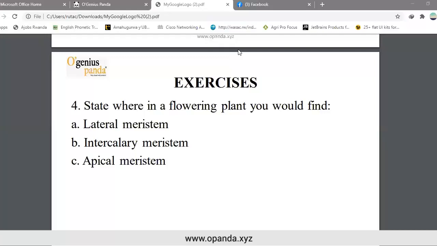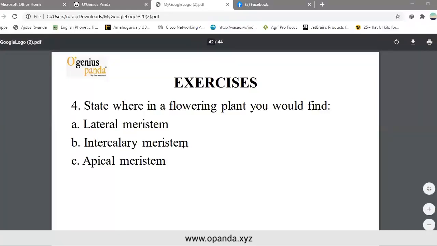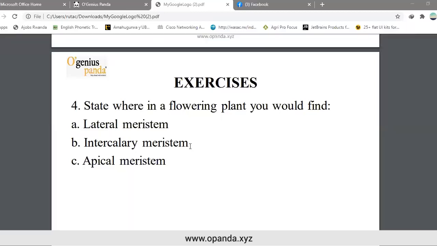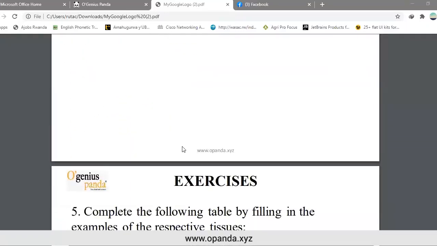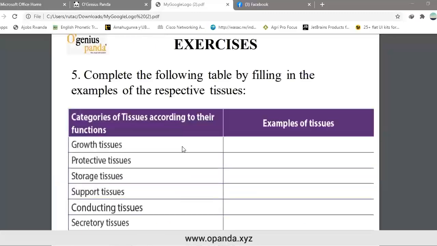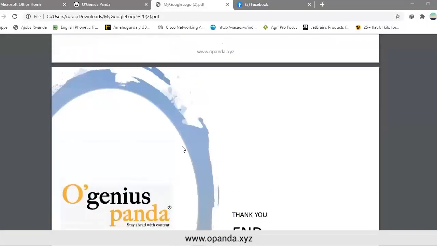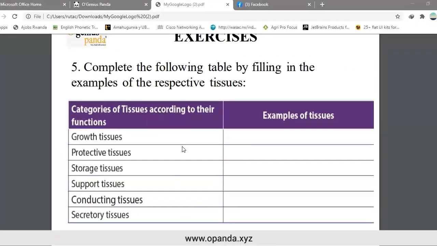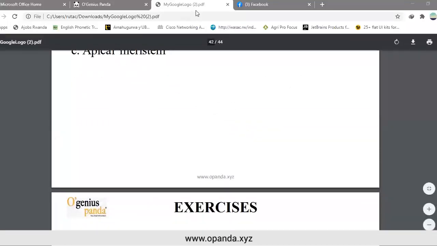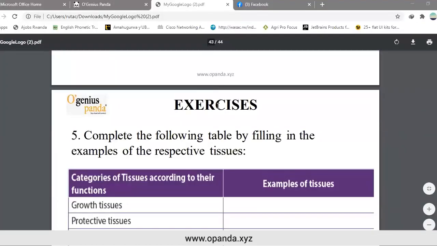Okay, I think there is no question. If there is any, now you can ask. Before, there is another question here, please. Let's now complete the table. Complete the following table by filling in the examples of respective tissues.